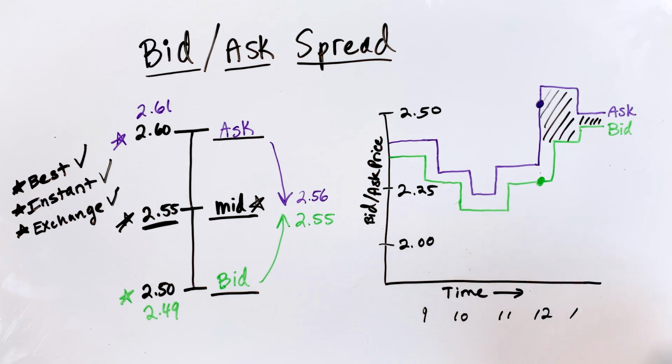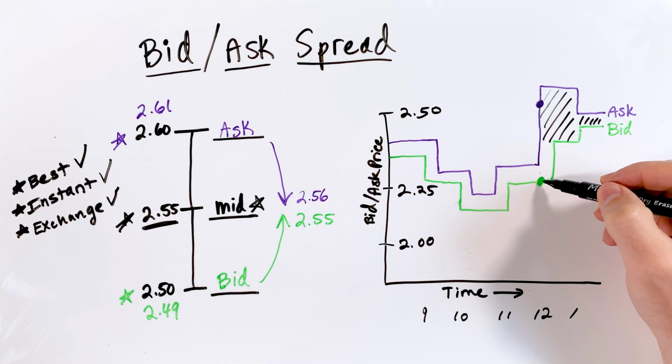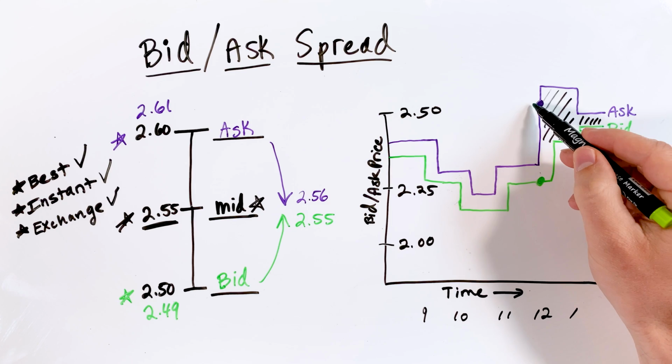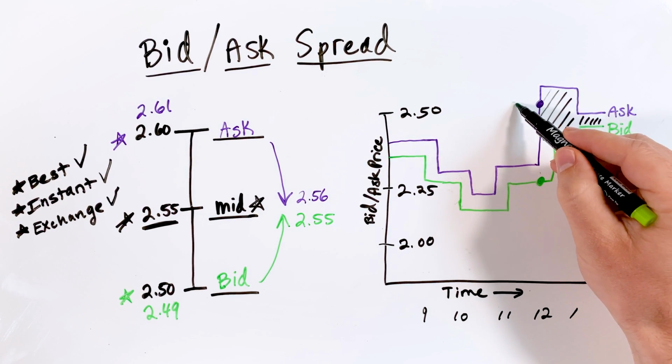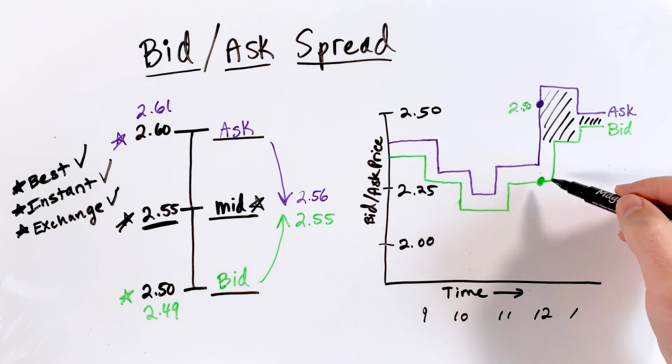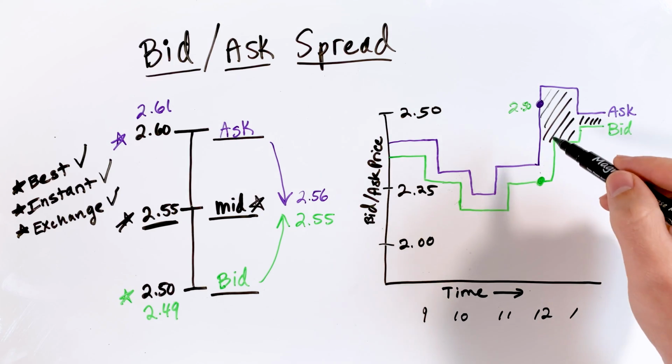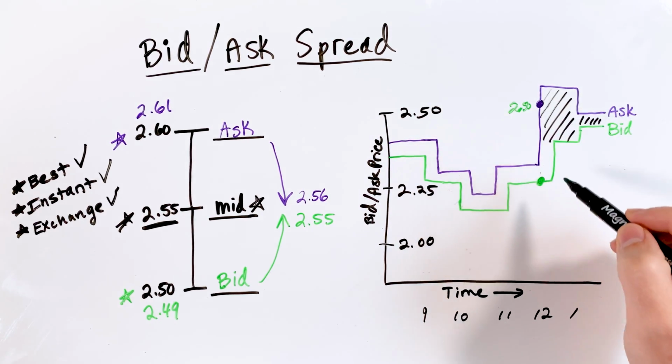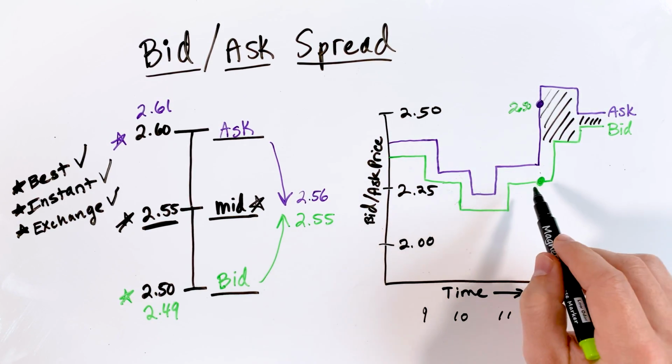If I want to get into the position for sure, I might be willing at the time to go all the way up to that asking price and pay $2.50. Now remember, the highest price before that time period, before I made that jump across the entire spread, the highest price that I and everyone else was willing to pay was $2.25.